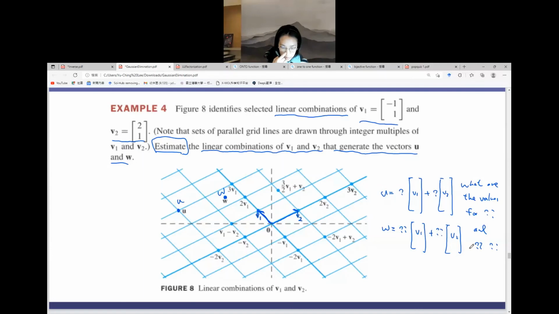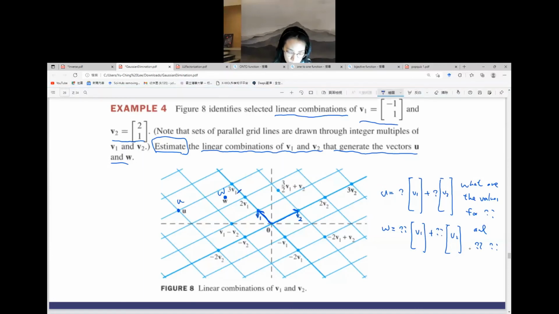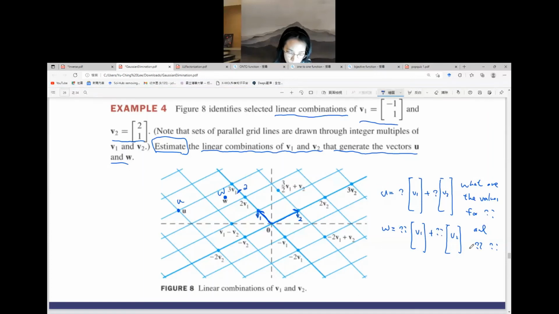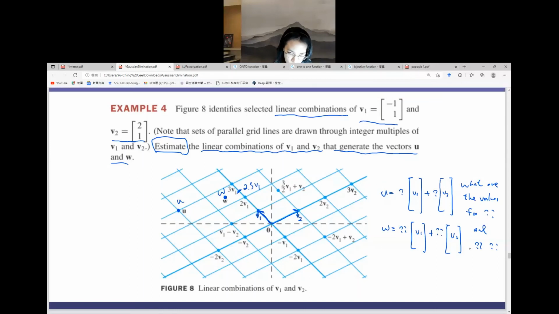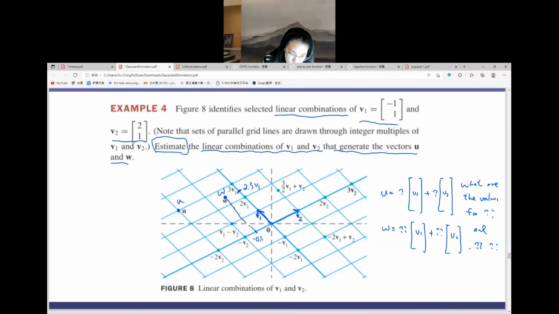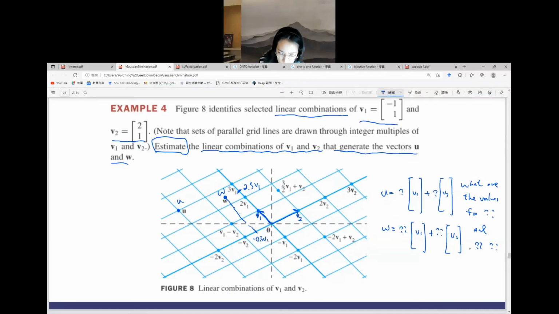Okay, I would say for W it's roughly negative 2.5 V1, and then like negative 0.5 V2.